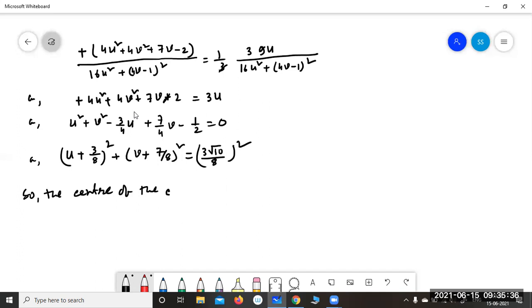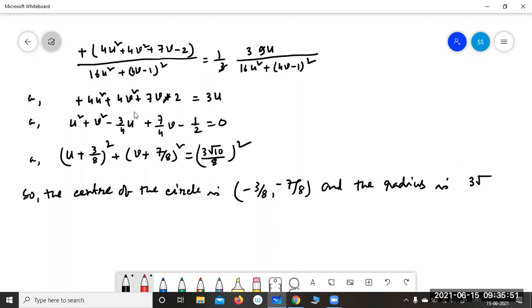So the center of the circle is minus 3 by 8 comma minus 7 by 8, and the radius is 3 root 10 by 8 units. That's our required answer.